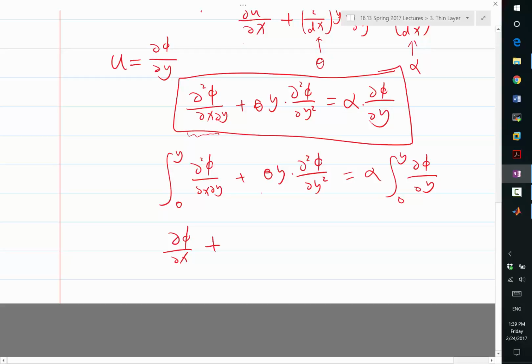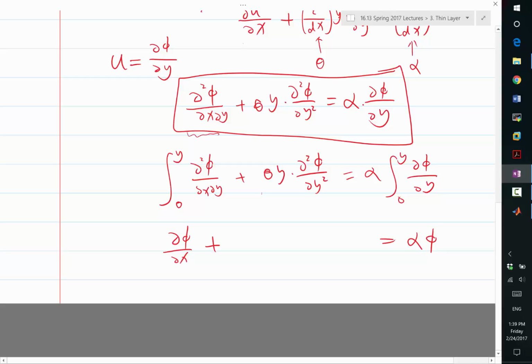Now, this term is also easy. What is the integration of partial phi partial y over y? What is the last term? What is the right-hand side? It's just alpha times phi, right? Because phi is also 0 at 0. So this term turns out to be only phi.